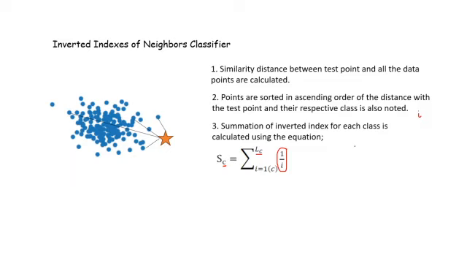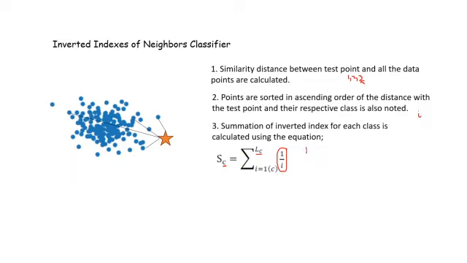Because say for numbers like 1, 2, 3, 4, 5, if we take the normal summation without taking the inverse, a further point, that is a point which has rank 3, which is the furthest among these 3 points, will carry more weight in this equation.